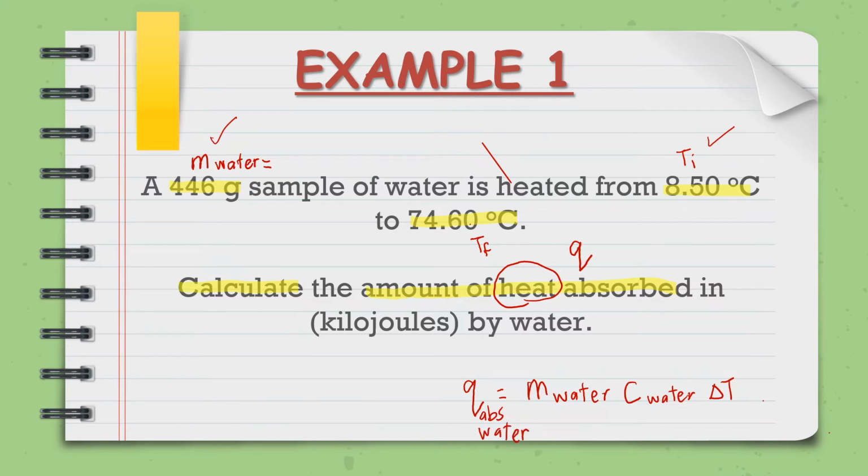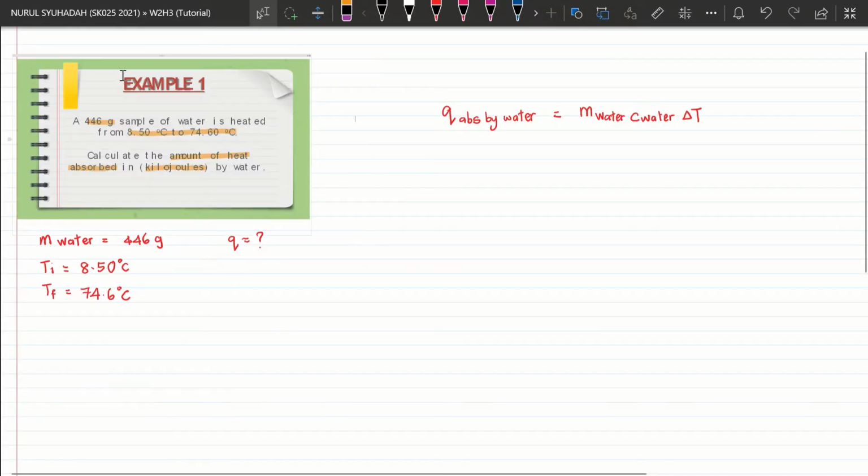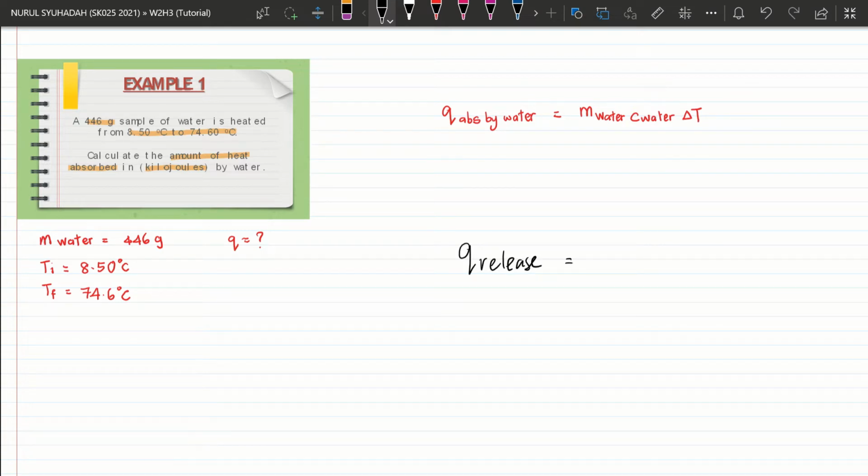Now let's take a look at how to solve this question. This is the question that we have just now and all the information that we have taken out. Like I mentioned before, the principle that we will hold for any thermochemistry question is Q release equals Q absorbed.